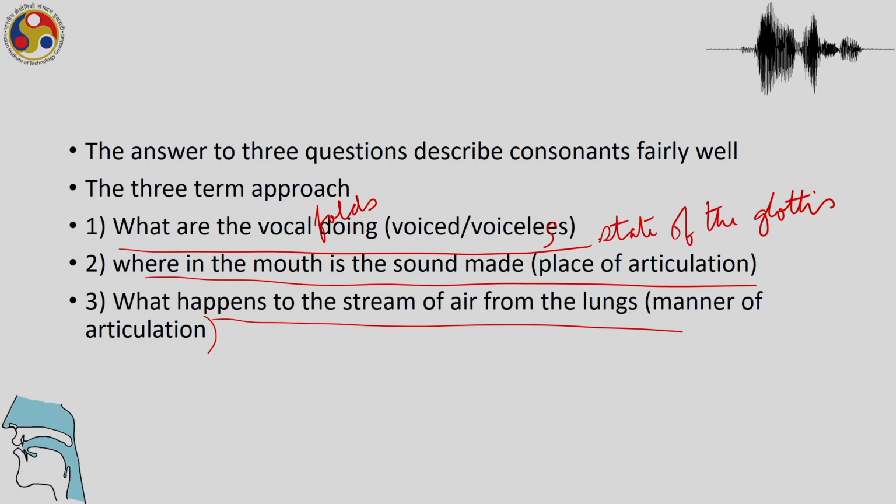So where was the obstruction, how was it released, and what is the state of the glottis? These three things give you a preliminary idea of how you would understand the articulation of consonants.